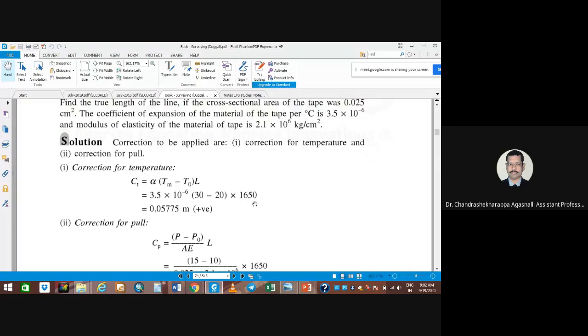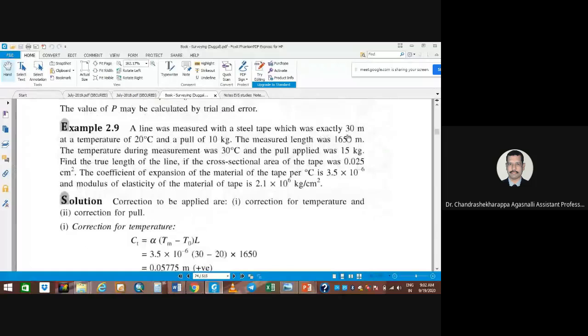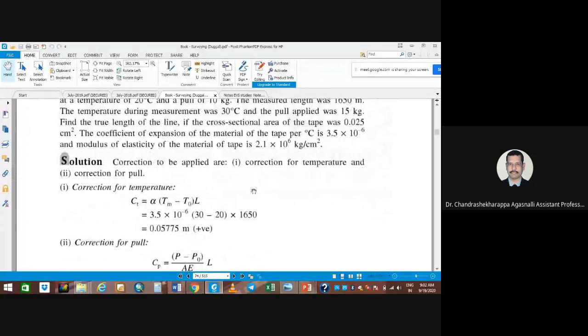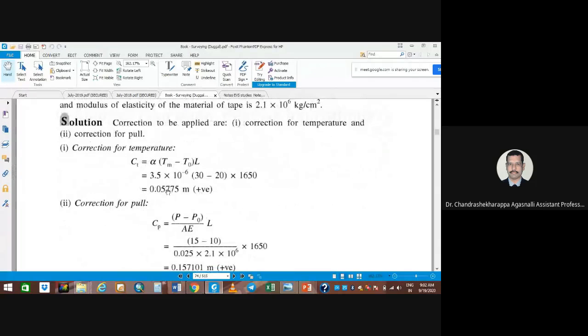So 20 multiplied by 1650, the measured length, gives 0.05775 meter, which is positive for temperature.